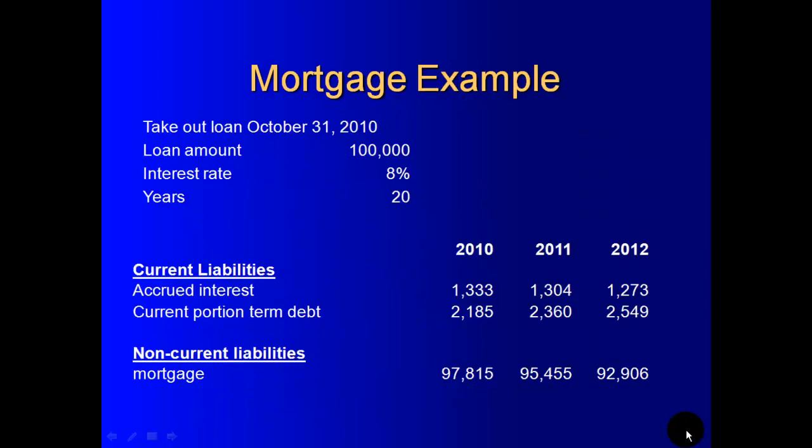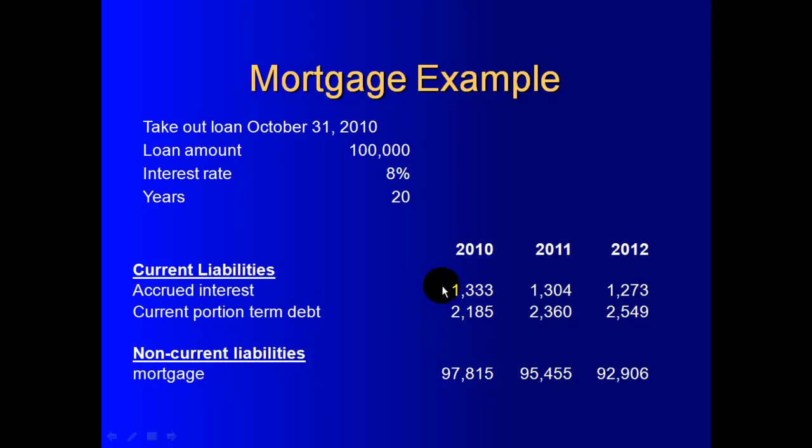Let's do an example here. Suppose you took out a loan October 31st, 2010. The loan amount was for $100,000, 8% interest, and it's a 20-year loan, so you're going to pay it off over 20 years. And assume you just have annual payments. So for 2010, our current liabilities include accrued interest and current portion term debt.